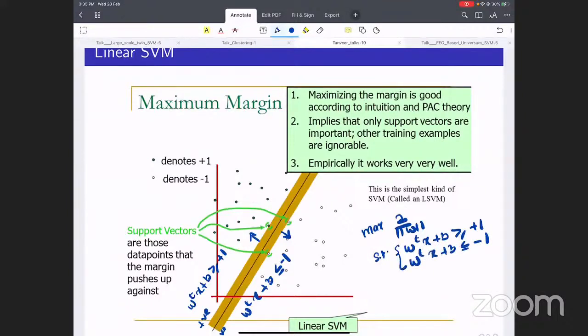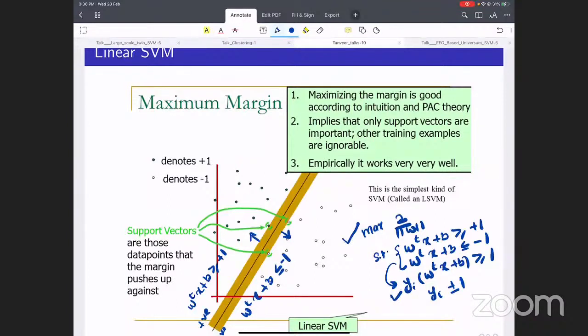You can combine these and say yi (W transpose X plus B) is greater than or equal to 1, where yi is +1 or -1. So this is the first idea: we are maximizing this margin subject to this condition. The first formulation is maximize 2 upon norm of W subject to the constraint yi (W transpose X plus B) greater than or equal to 1.